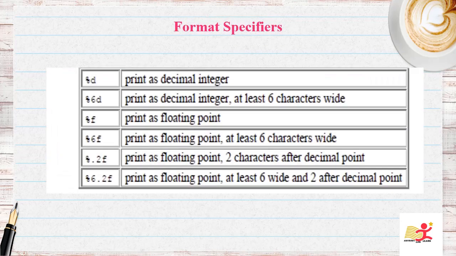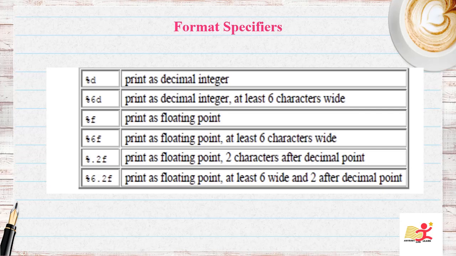See the usage of format specifiers. You can omit width and precision from a printf statement. You can just give %d in order to print a decimal integer. At the same time, you can use format specifiers like %6f. It says that the number is to be at least 6 characters wide. And %.2f means 2 characters after the decimal point, but width is not constrained, it can be of any width.